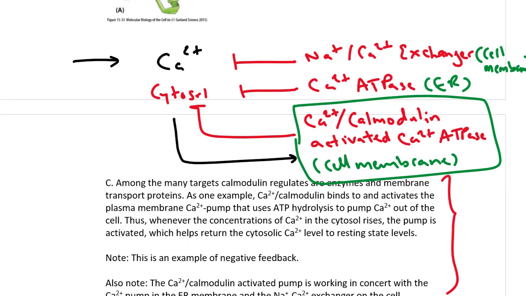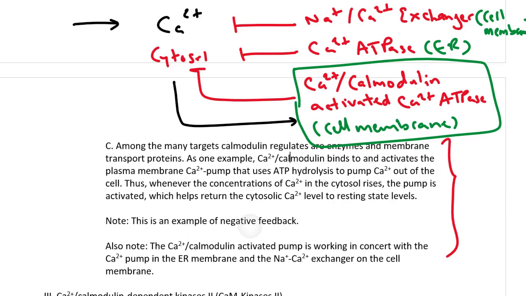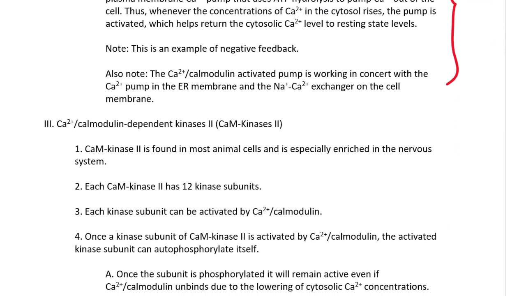And as more of these guys are activated, you have more inhibition or more removal capacity of calcium from the cytosol out into the extracellular space. And of course, you have it going into the ER by the calcium ATPases on the ER membrane.